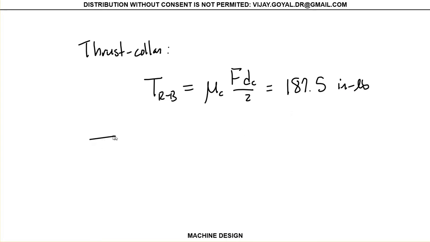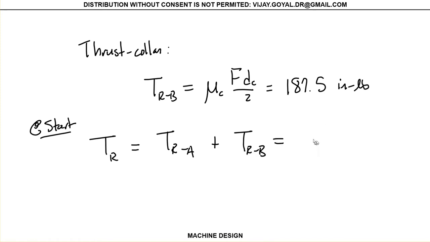So at the end, at start, when I start my journey, my total torque to rise will be TRA plus TRB. You're going to add both contributions, and that gives you 778.45 inch pounds. Okay, this is what happens when I rise.